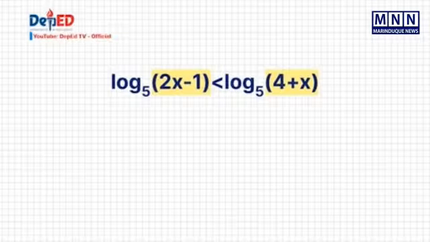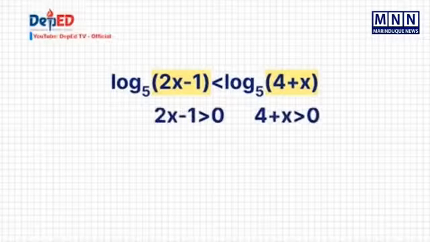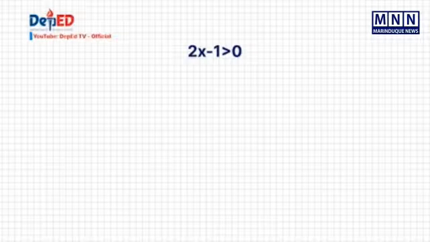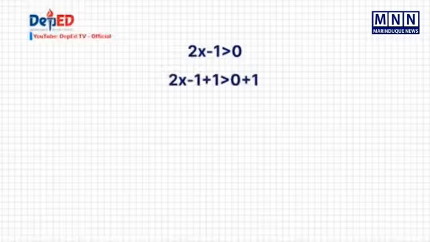Now, we also consider values of x that will make each expression greater than 0. Let us have 2x minus 1 first. This expression has to be greater than 0. We may add positive 1 to both sides of the inequality. This gives us 2x minus 1 plus 1 is greater than 0 plus 1.